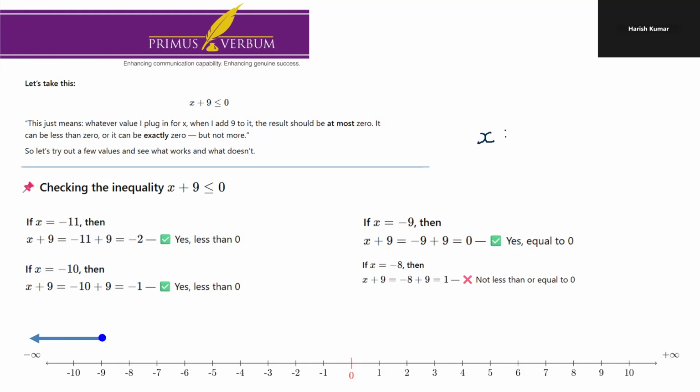We have x plus 9 is less than or equal to 0. We subtract 9 from the left hand side as well as the right hand side, and we get x is less than or equal to minus 9. And that's what is plotted here on the number line. But you see how quickly and smartly we obtained the answer.